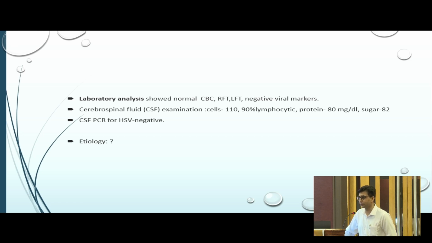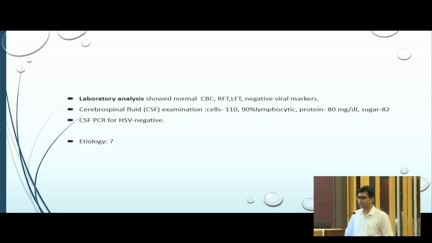So now the etiology. Based on CSF examination and MRI pictures, anyone? Infective, inflammatory, metabolic. If we see the young onset, post-febrile, the patient has brain as well as spinal involvement, with CSF suggestive of lymphocytic pleocytosis.